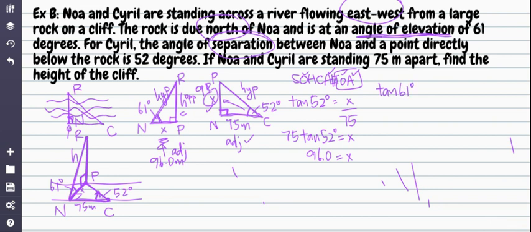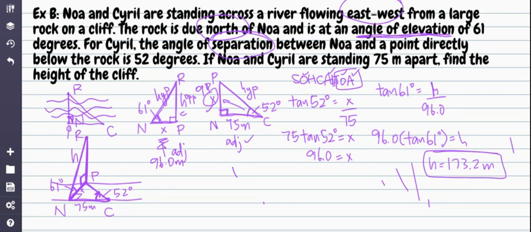Tan 61 degrees is equal to opposite h over the adjacent 96. And then we're going to move the 96 up to the top times tan 61 degrees. Use your calculator and you get 173.2 meters. There you go.